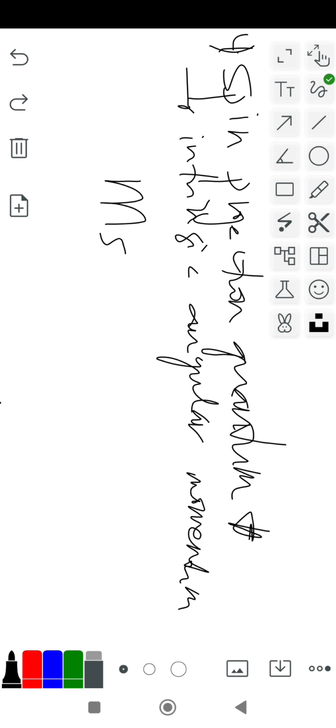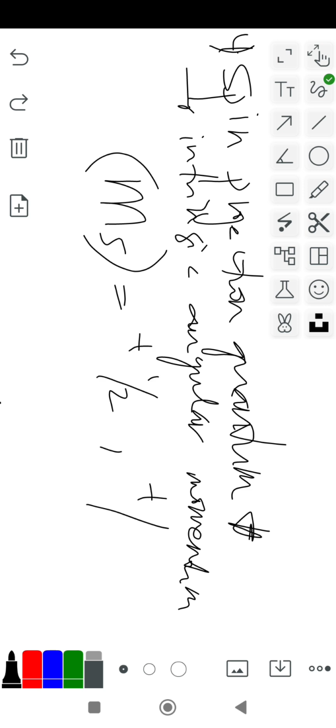This one is represented by ms. In here we are just dealing with positive one half and negative one half. So this is the spin projection quantum number.